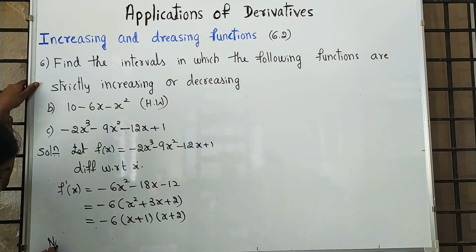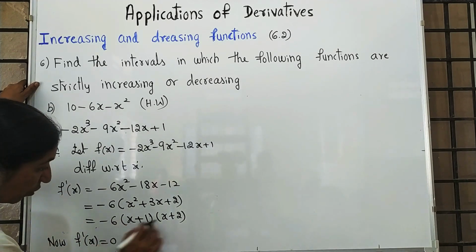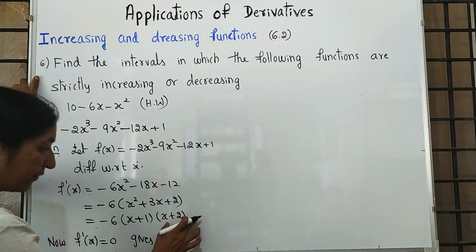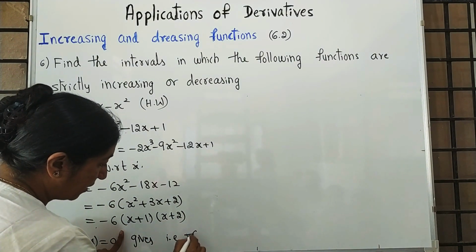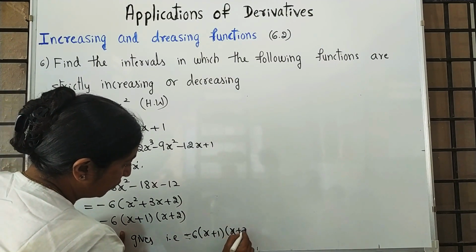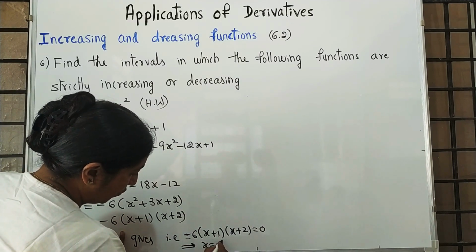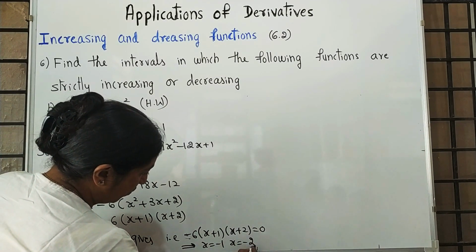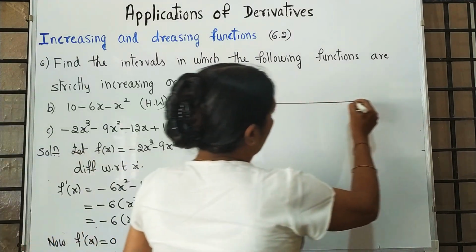Now, equate the first derivative with 0. f dash of x is equal to 0 gives this whole term. So when you equate this with 0, minus 6 into x plus 1 into x plus 2 is equal to 0, which implies x is equal to minus 1 and x is equal to minus 2. Again draw this on the number line and mark these values.